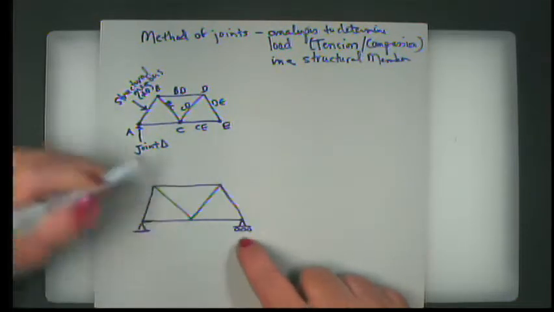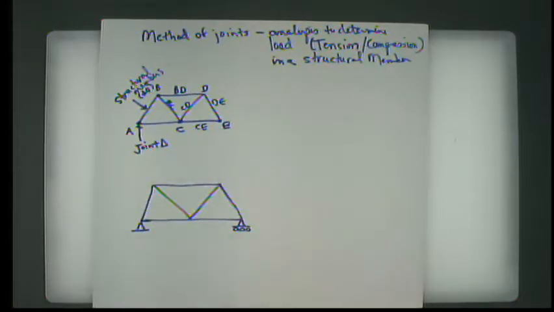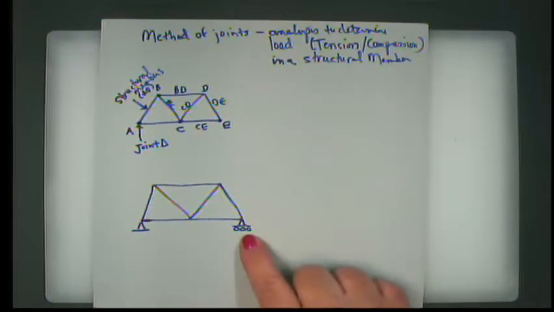And generally speaking, if you have something that's loaded with cars or any sort of load, like these roof trusses, you have a dynamic load. Sometimes the wind blows, sometimes there's snow on the roof, sometimes you have animals walking up there if you live in the country, whatever. So the load varies a little bit, but generally there will be some sort of external support.